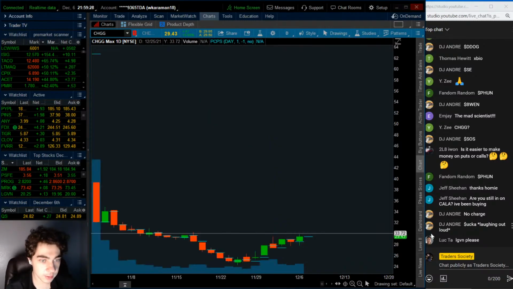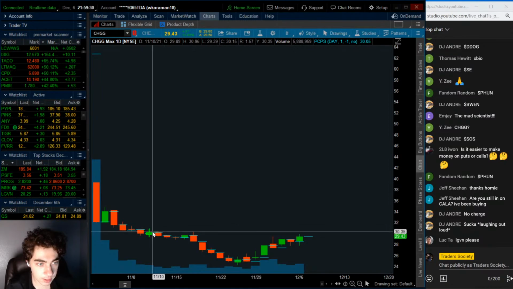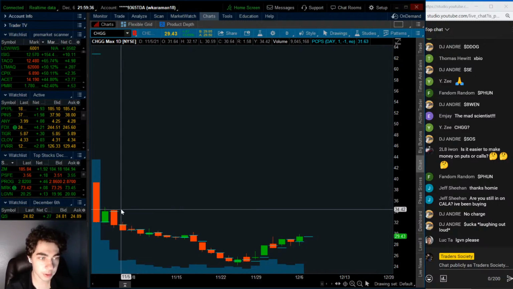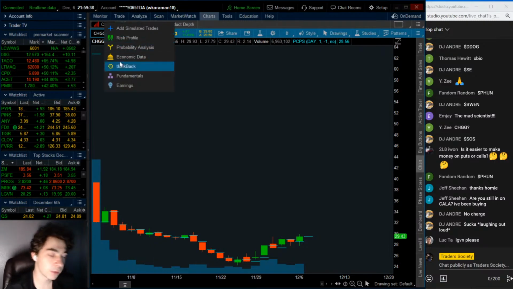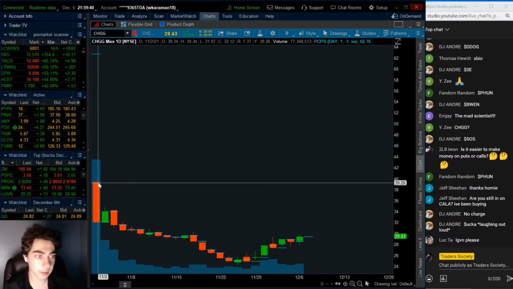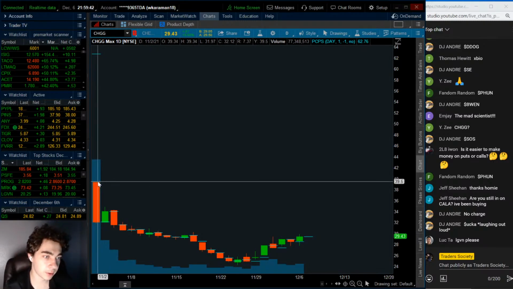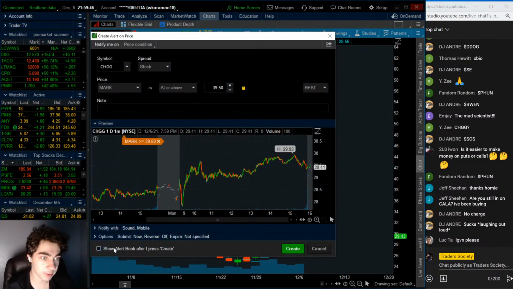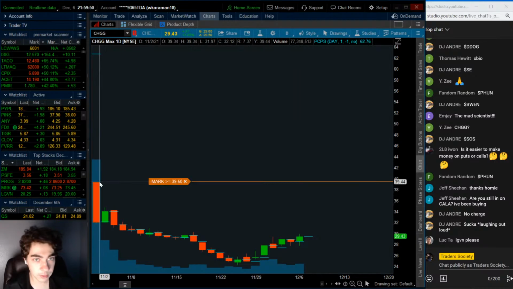The key for this to continue to run is it needs to break out and hold above $30 a share. That's key. If it can do that, it should be able to push back to $35 a share. And then there's also that gap breakout strategy that we talked about on a previous stock in this live stream. I forget the ticker, but I set the price alert. So also set a price alert for a day trading opportunity at or above 39.34.